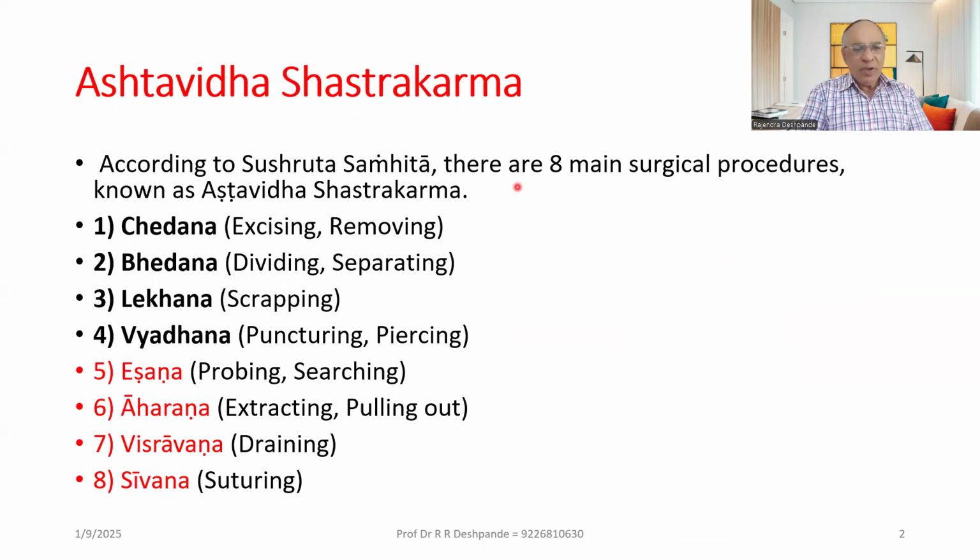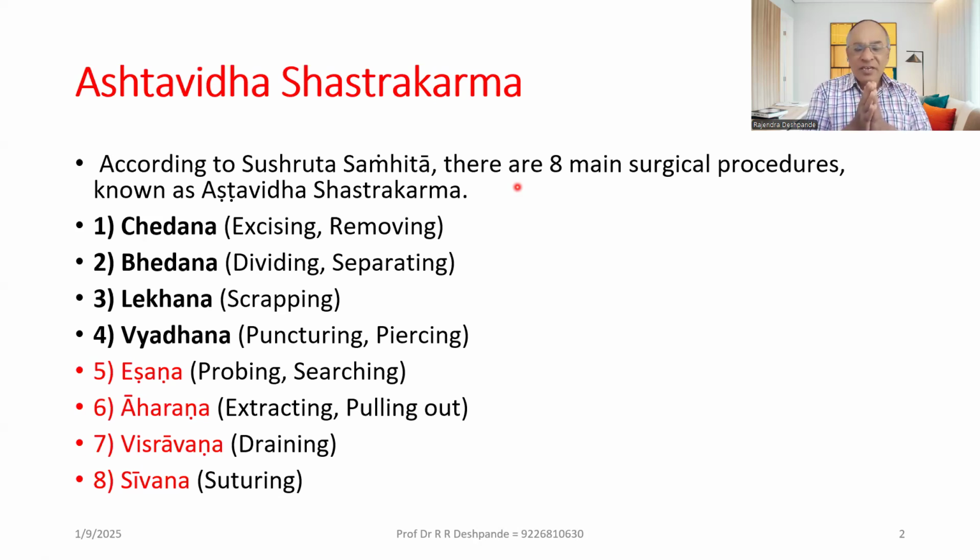Eshana, that is probing or searching. Aharana, extracting and pulling out. Visravana, that is draining. And Sivana, that is suturing. So again, the 8 important surgical procedures mentioned in the Sushruta Samhita are Chedana, Bhedana, Lekhana, Vyadhana, Eshana, Aharana, Visravana, Sivana.